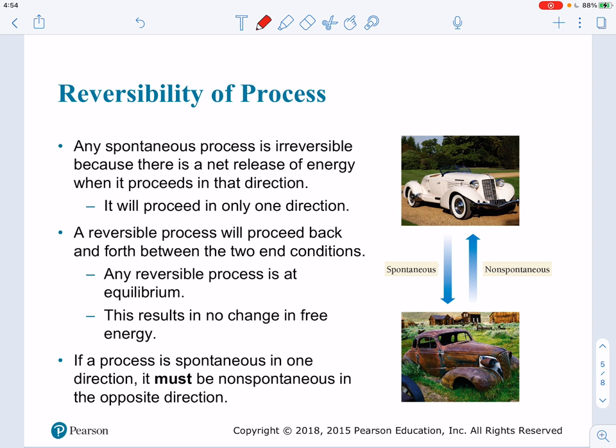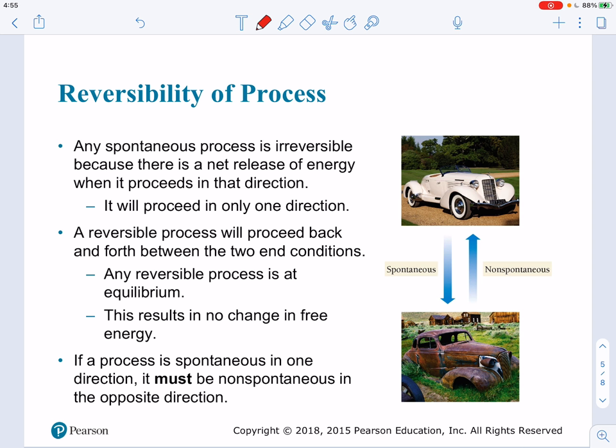Which means for a system at equilibrium, if either the reverse or the forward reaction is spontaneous, then that is a driving force such that there will not be equilibrium, because the spontaneity drives the reaction to completion.